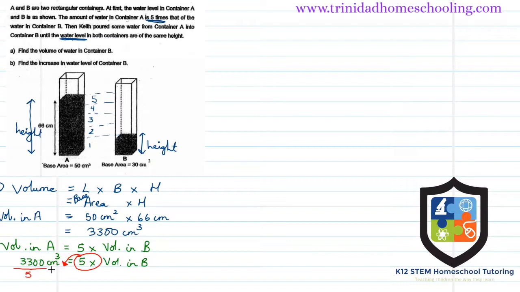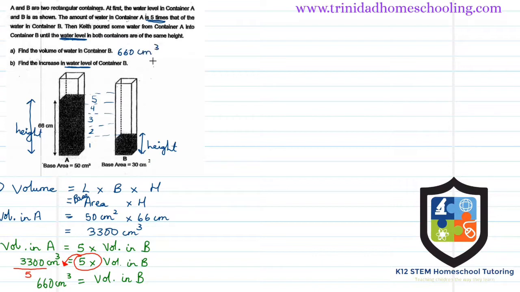This will give us a numerical value of 660 centimeters cubed. This will be equal to the original volume of water in container B. So your answer to part A is 660 centimeters cubed.